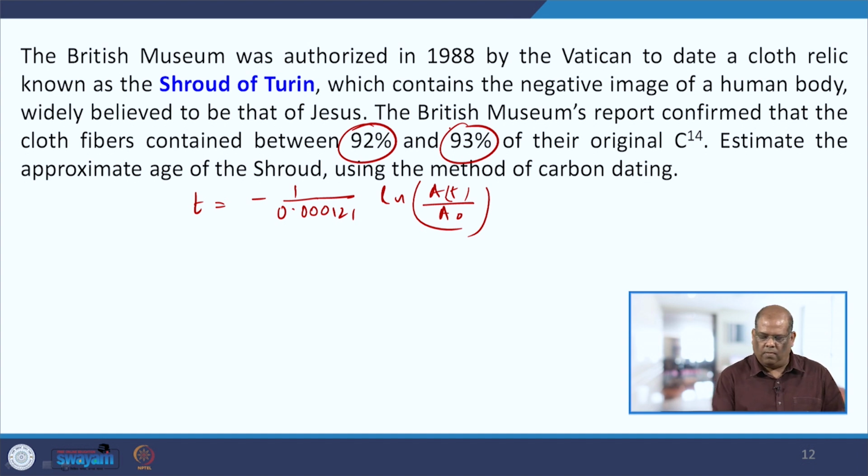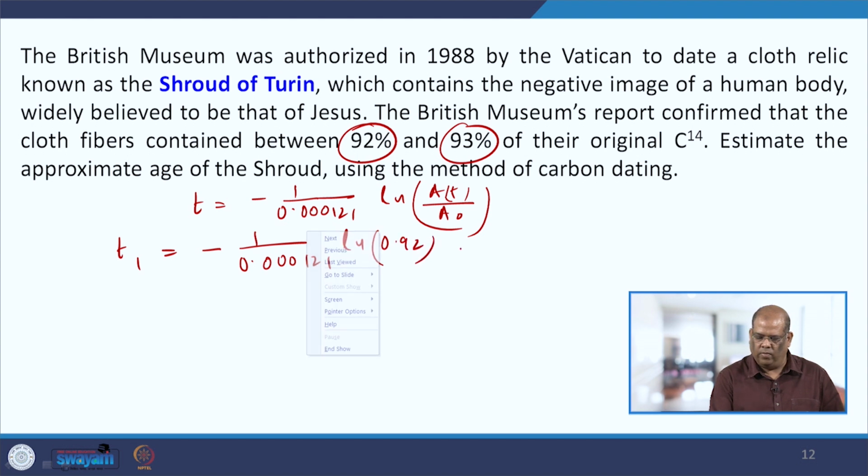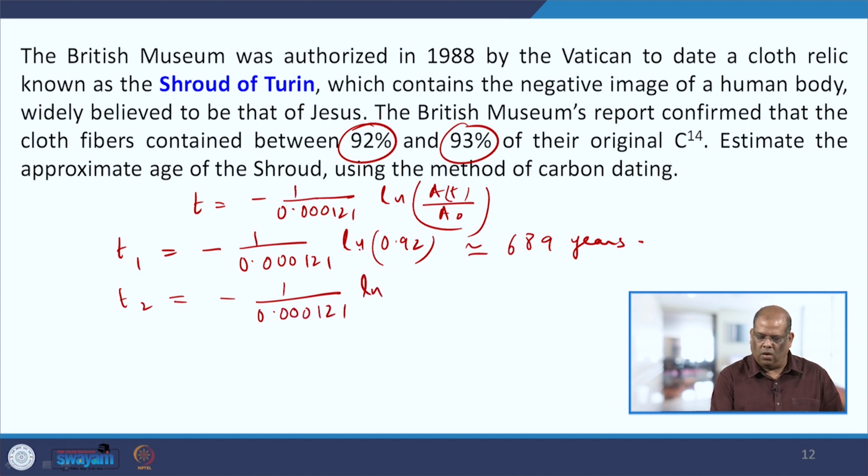So, what is my t? If I substitute minus 1 by 0.000121 ln 0.92, that will approximately give me 689 years. And if I put the value of ln 0.93, that will approximately give me 600 years.